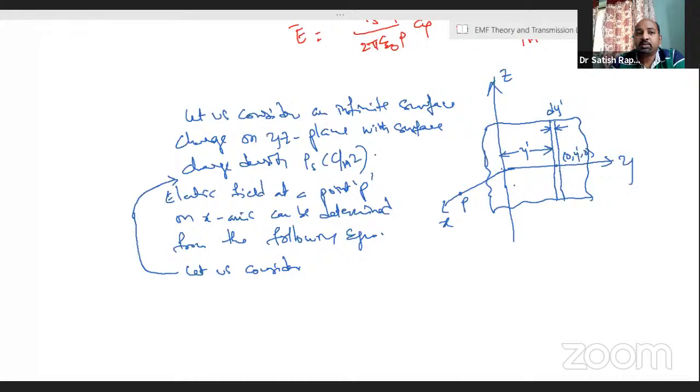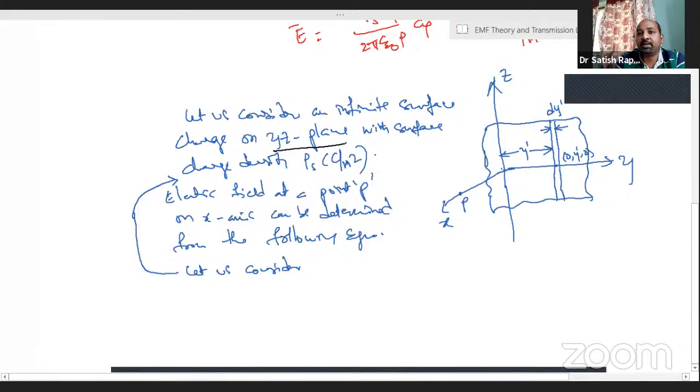As you can see in the figure on the screen, I have considered an infinite sheet charge on the YZ plane, and I'm trying to determine the electric field at a point P on the x-axis.